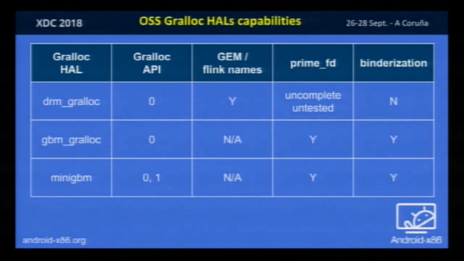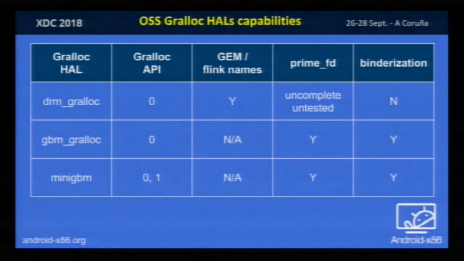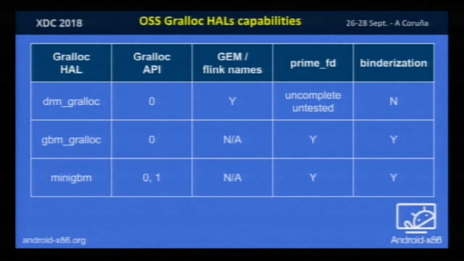I'm going into this just for you to understand better. So while Hardware Composer, binderization is supported by GBM gralloc and also prime FD. While GEM flink names were not in the objectives, let's say, of the requirements of GBM gralloc.